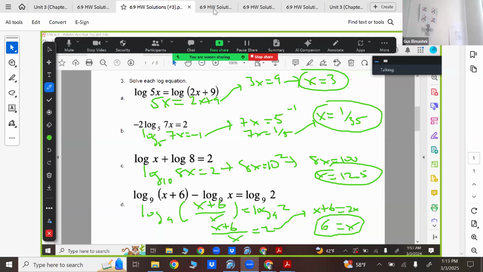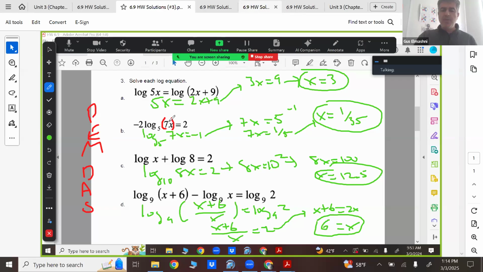Actually, if you think about PEMDAS, we have parentheses. The E is like a log, just to know. The exponent is like a log. And M is multiplication.